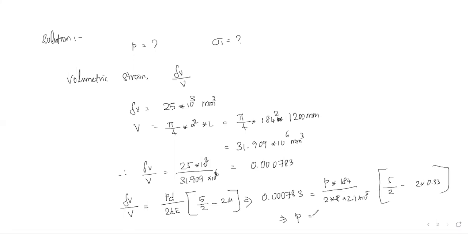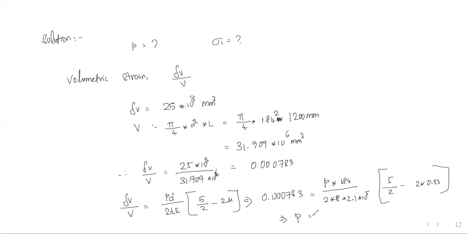So 0.000783 multiplied with 2 into 8 into 2.1 into 10 to the power 5, and this answer divided by 184 into 5 by 2 minus 2 into 0.33.